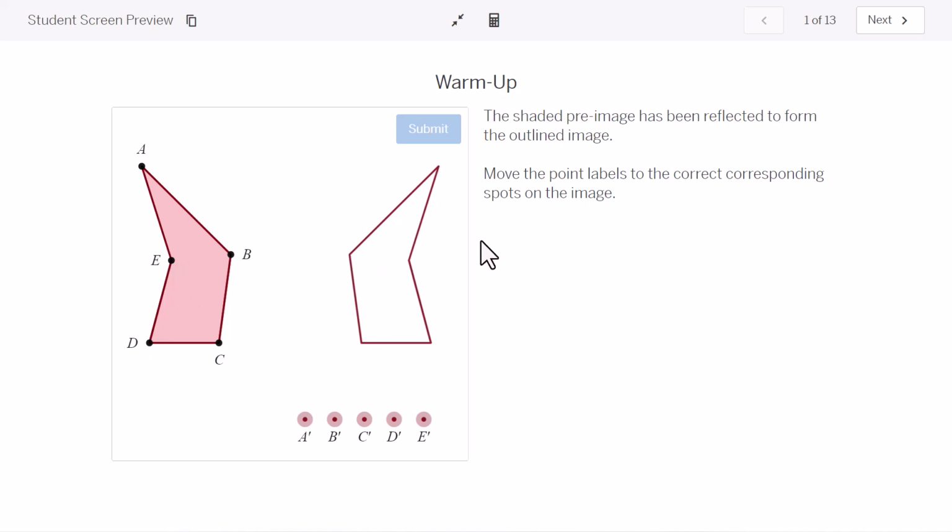What we were asked to do first is move the point labels to the correct corresponding spots on the image. So I have these 5 coordinates down here, and I'm asked to place them on the correct corner of the image. Well, in the pre-image, the point A is here. So I'm going to guess that this coordinate is going to correspond right there.